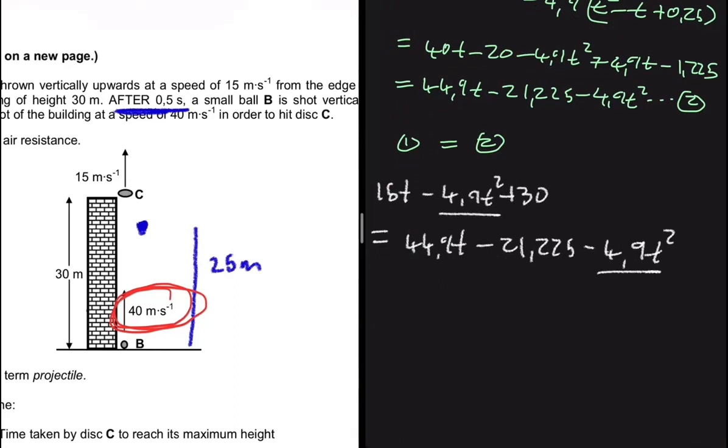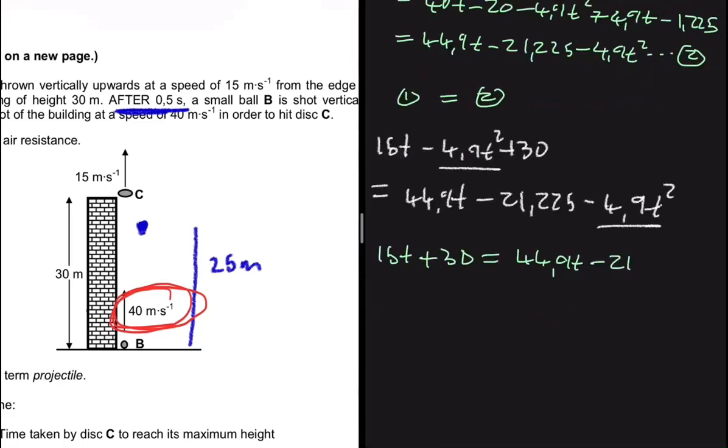So in the meanwhile, we're going to have 15t plus 30, right, being equal to 44.9t minus 21.225. So we can take this term to the left hand side and this term to the right hand side.